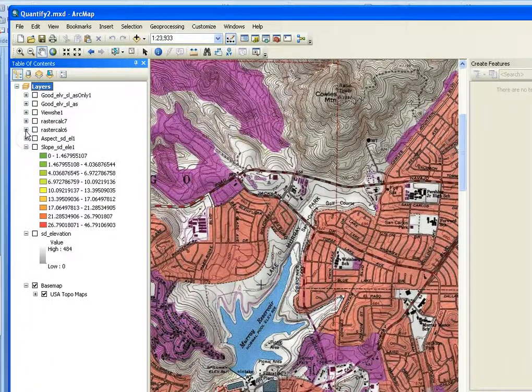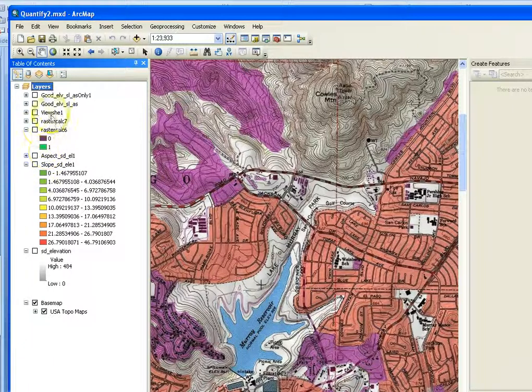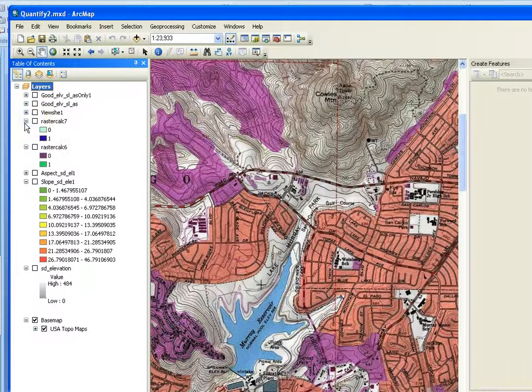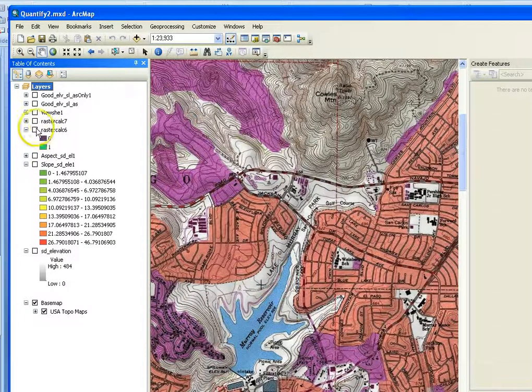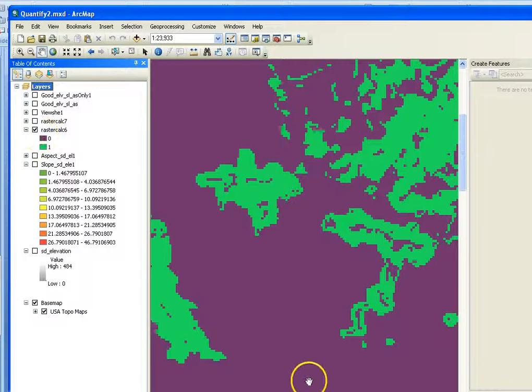When you run that raster calculator, you get a yes/no configuration. I think I ran it a bunch of times to play with it. So here is my yes/no raster calculator. The green grids met whatever criterion I set up in my statement, and the purple do not meet my criteria.